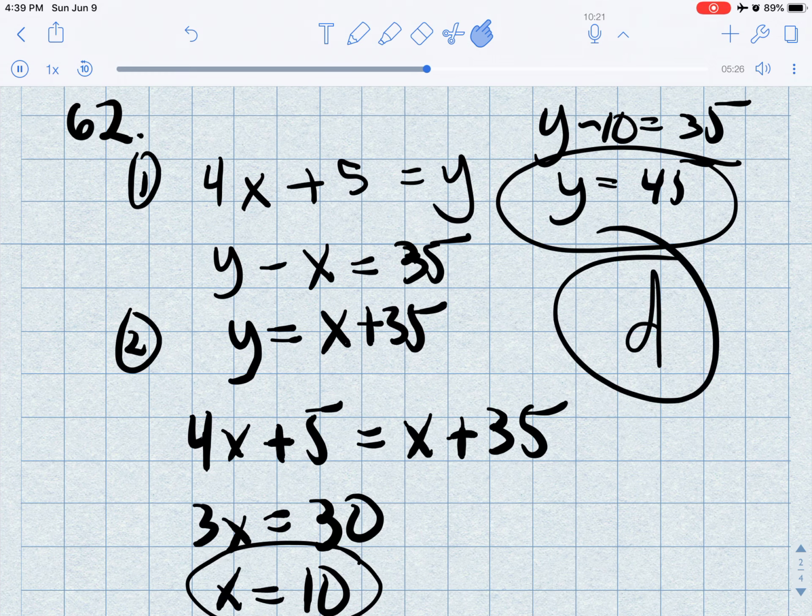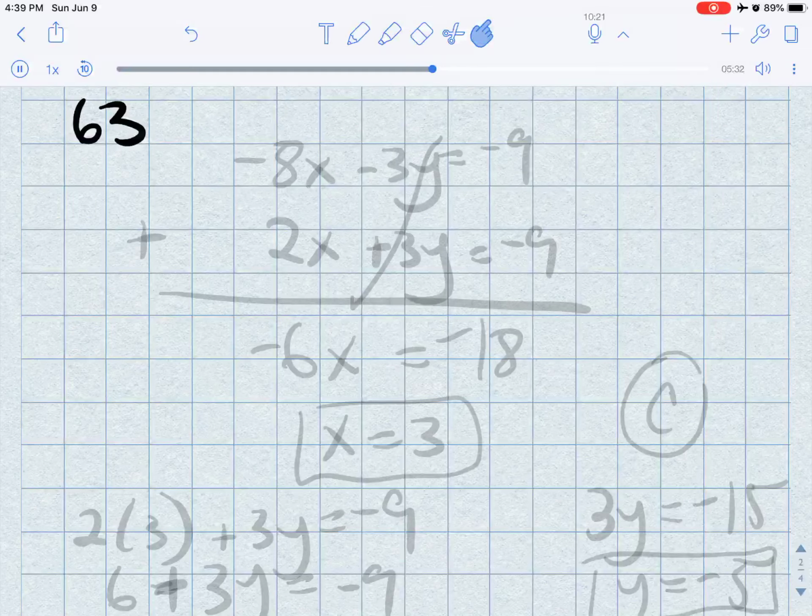63. How does it look? They want us to use elimination. They tell us that. So don't use substitution. Negative 8x minus 3y equals negative 9. 2x plus 3y equals negative 9.